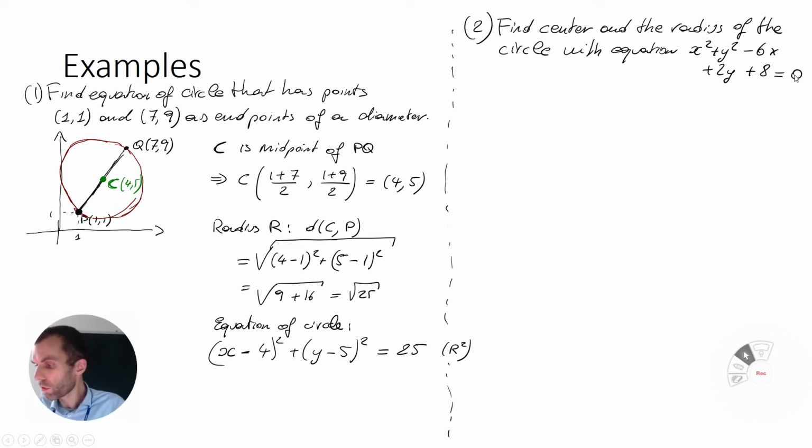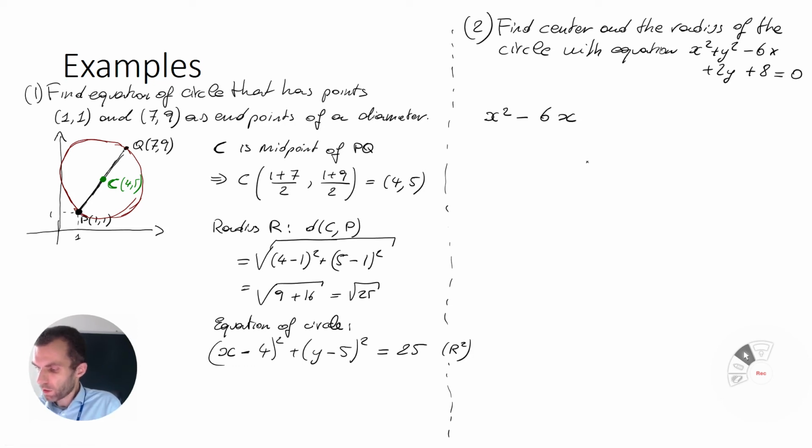So first of all, you might say, well, is this even a circle? It doesn't look like what I had with the sum of the two squares. And that's a good impulse. At this point in time, I can tell you it is a circle, and we'll see why in a second. So let's write this equation a bit more spread out. Let's collect everything in x. So we have x squared minus 6x.